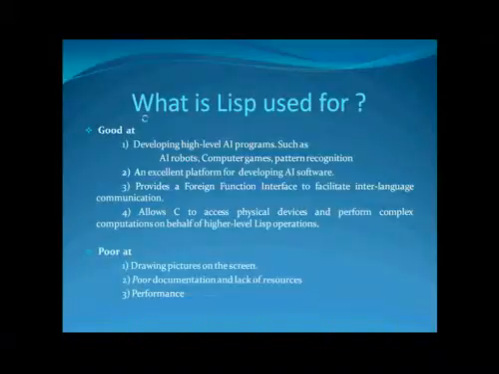And of course it allows C to access physical devices and perform complex computations on behalf of higher level LISP operations. It is poor at drawing pictures on the screen, and has poor documentation, lack of resources, and performance.